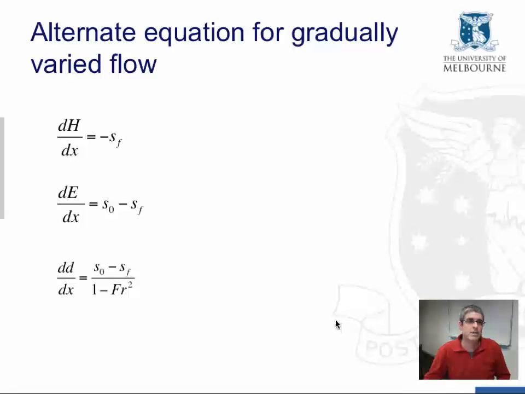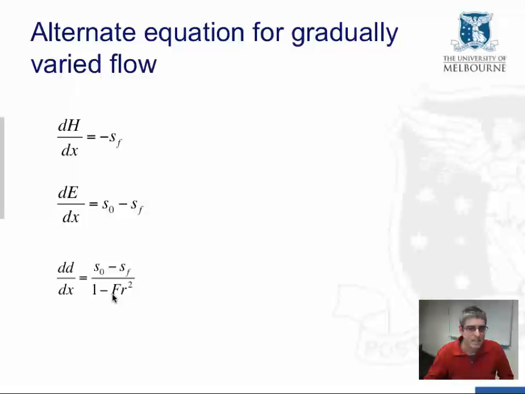So we actually have three equations for gradually varied flow. The first one is that the change in the total head is equal to the negative of the energy gradient. The second is that the rate of change in specific energy along the channel is equal to the bed gradient minus the energy gradient. And the third is that the change in water depth differentiated by distance along the channel is equal to S0 minus SF divided by 1 minus Froude number squared.